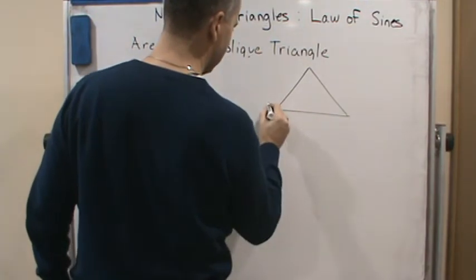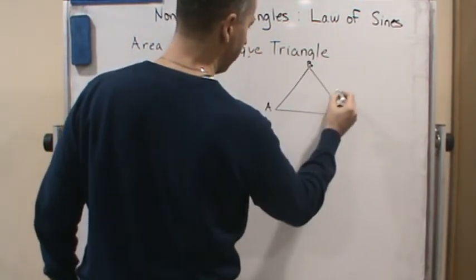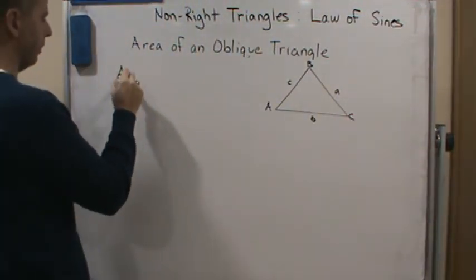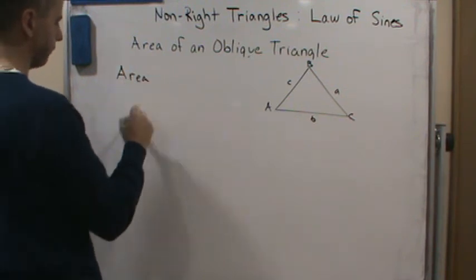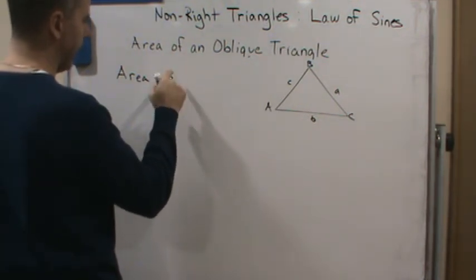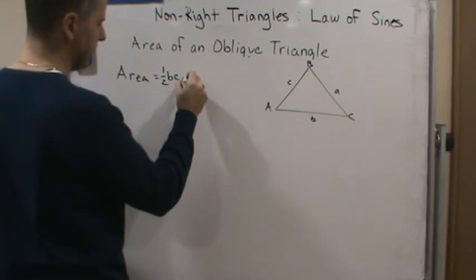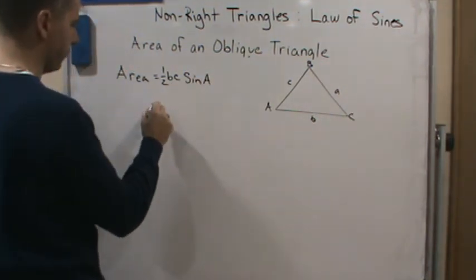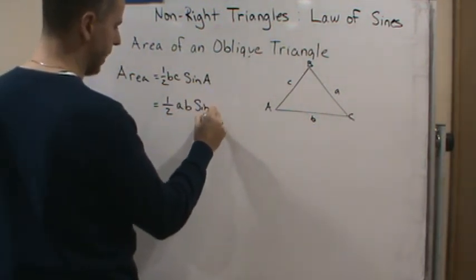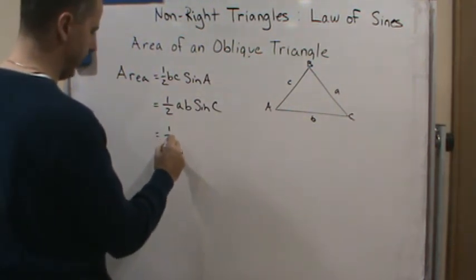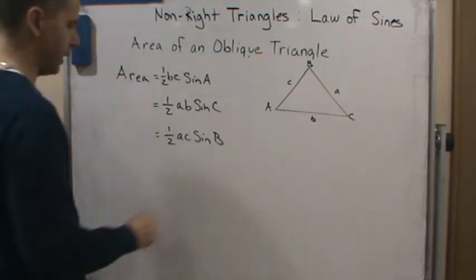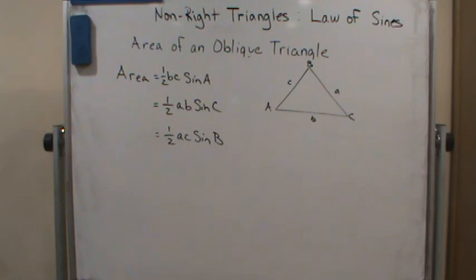So if I just have a triangle ABC with sides a, b, c, then the area of an oblique triangle is going to equal either 1/2 BC times the sine of A, or 1/2 AB times the sine of C, or 1/2 AC times the sine of B. Any one of those formulas will give you the area of the triangle.